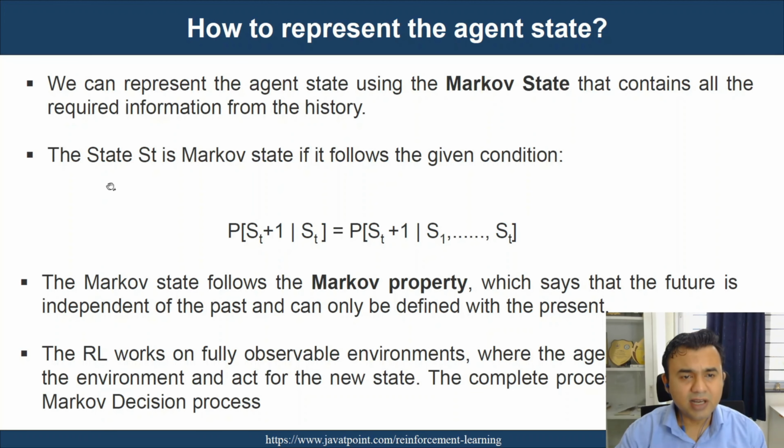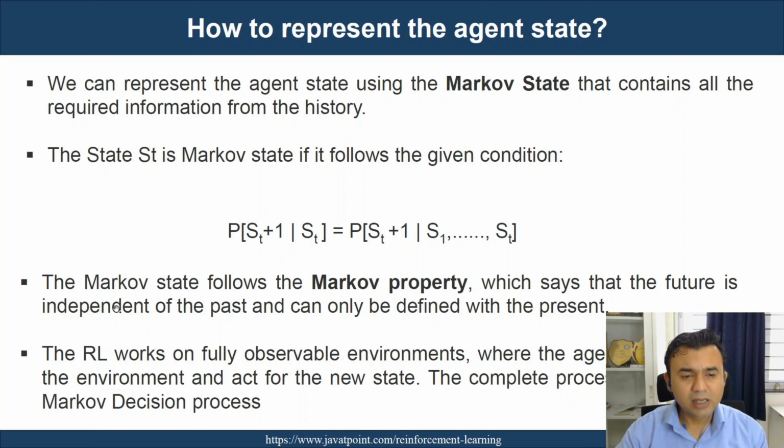Now, a particular state, which is ST, would be a Markov state if it follows the given condition. For example, P(ST+1 | ST) is nothing but P(ST+1 | S1 to ST), given all the previous states.